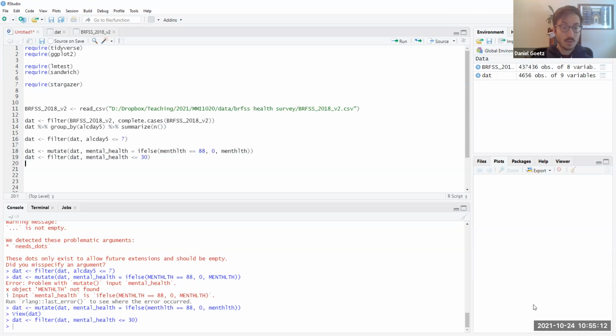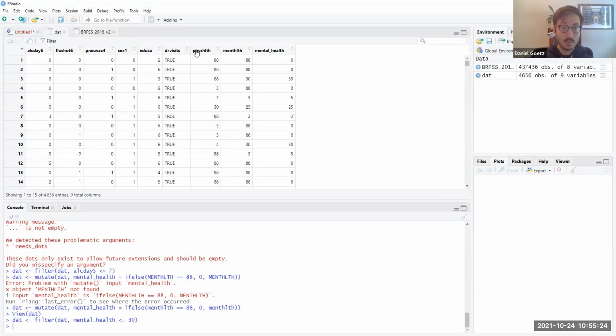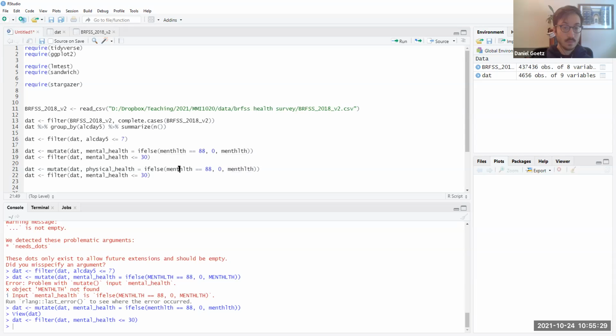Okay, good. So we'll just copy paste this and we'll do the exact same thing, but for physical health, which is this other column in DAT, PHYS health. And according to the code book, let's just double check.